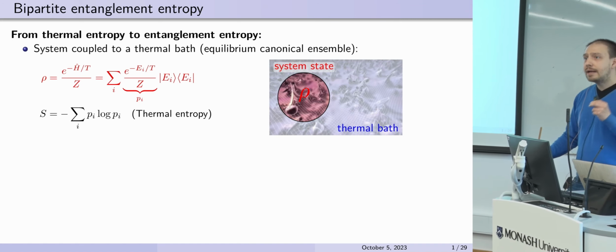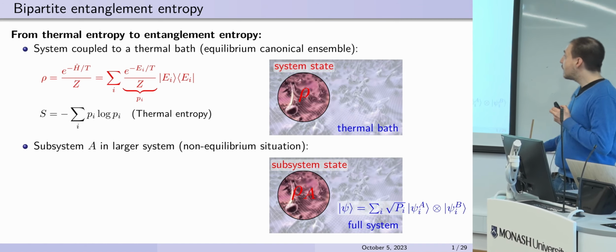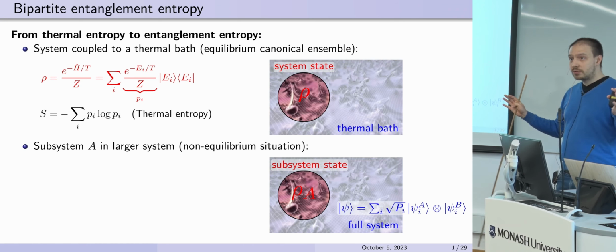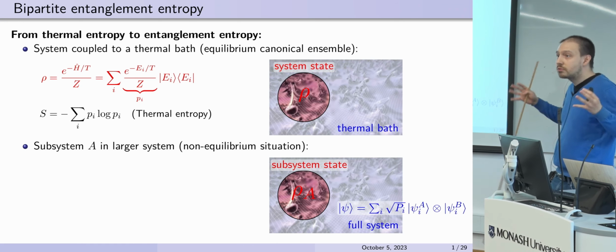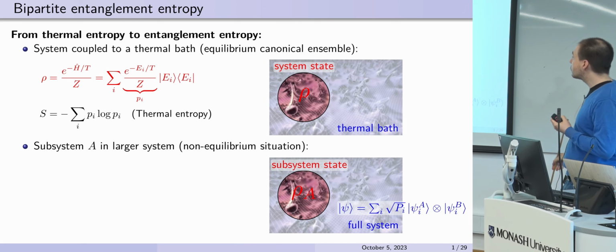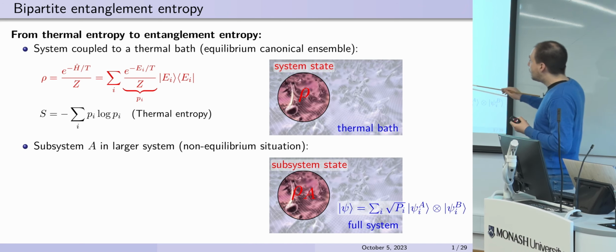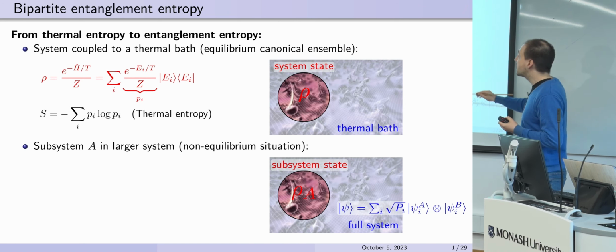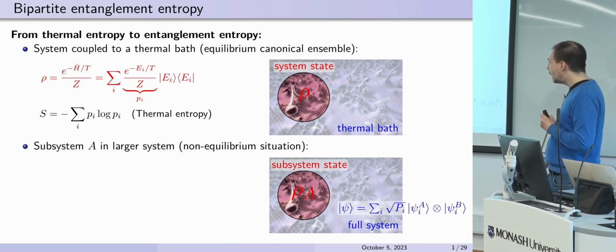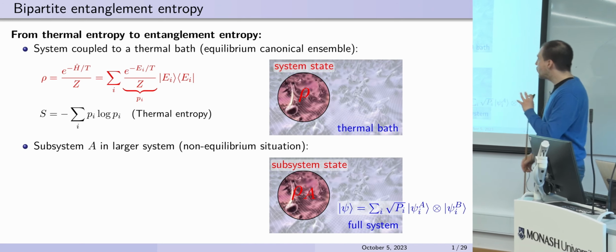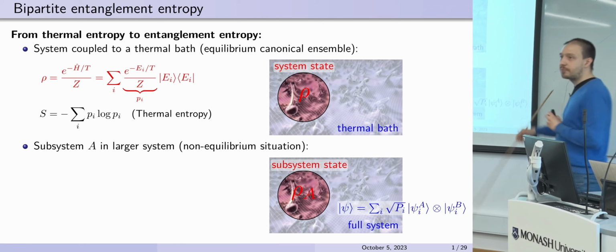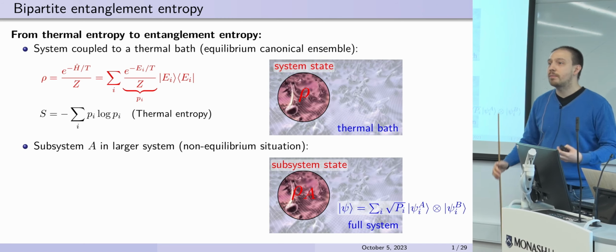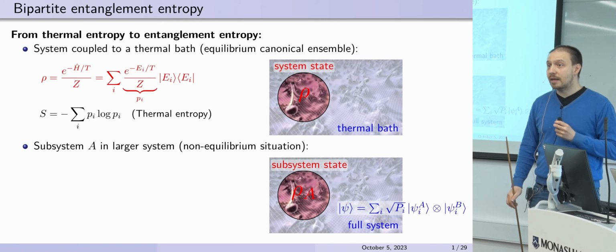Now let's look at a slightly different setup, namely a large quantum system, and now we focus on a subsystem. It's not a system coupled to a thermal bath in equilibrium, but really just a quantum system in a pure quantum state, isolated from the rest, and we make our own choice to zoom into a subsystem and only study the observables that we can measure inside it.